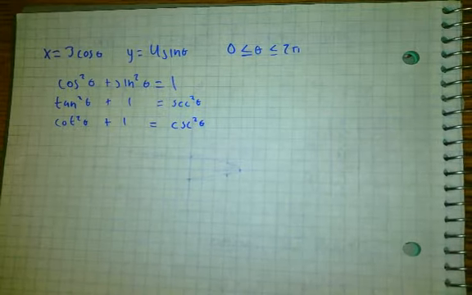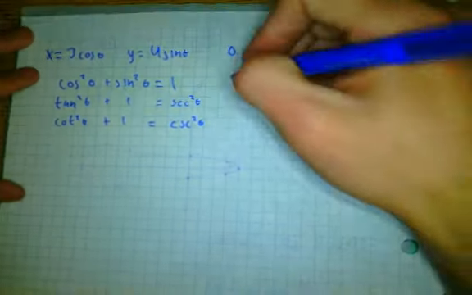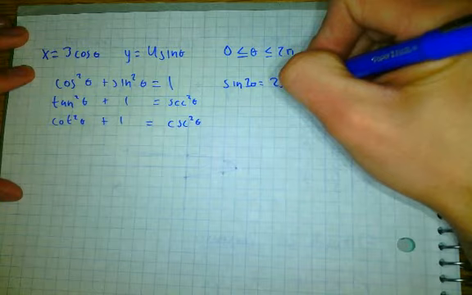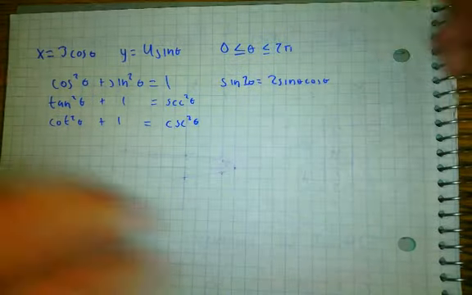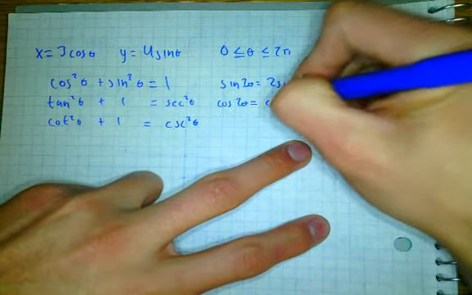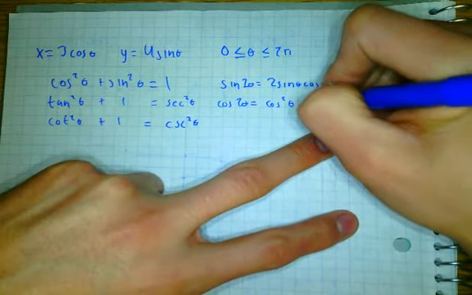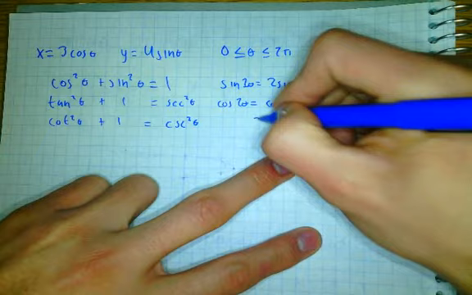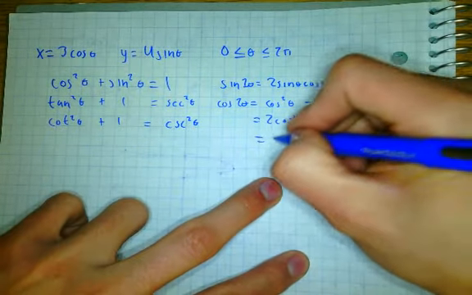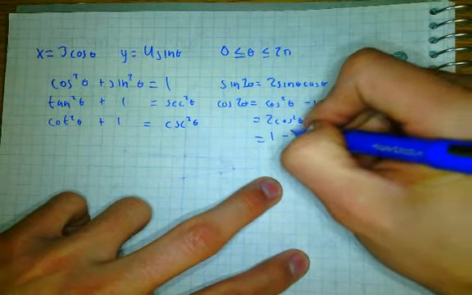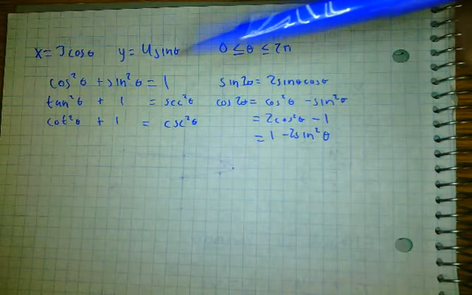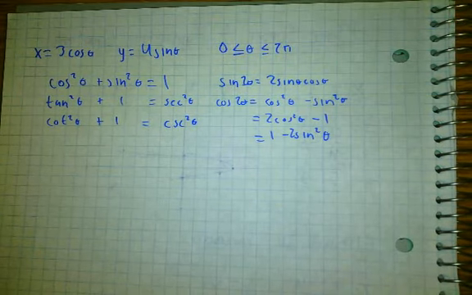We also have double angle identities like sine 2 theta equals 2 sine theta cosine theta, and cosine 2 theta, which is equal to, if you remember, several of them: cosine squared theta minus sine squared theta, or 2 cosine squared theta minus 1, or lastly 1 minus 2 sine squared theta. Now, I'm going to be able to really use my knowledge of trigonometry to eliminate the parameter.